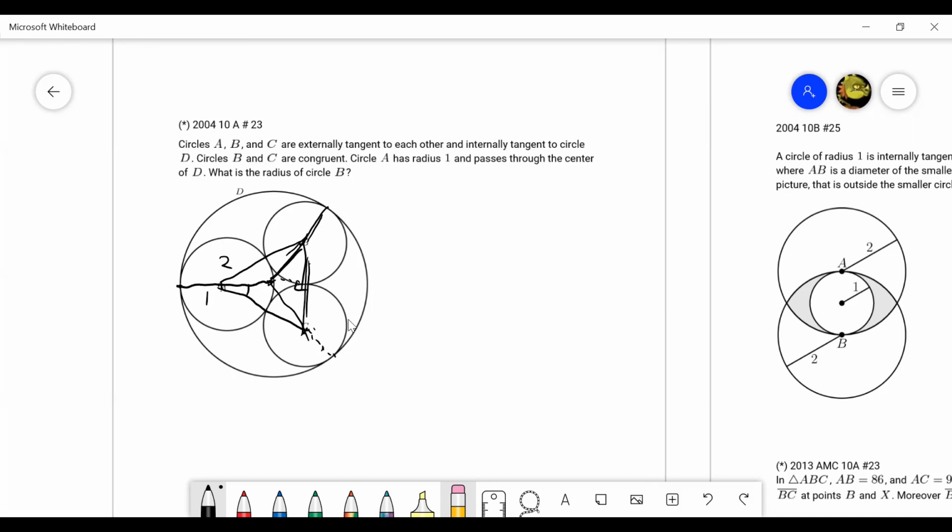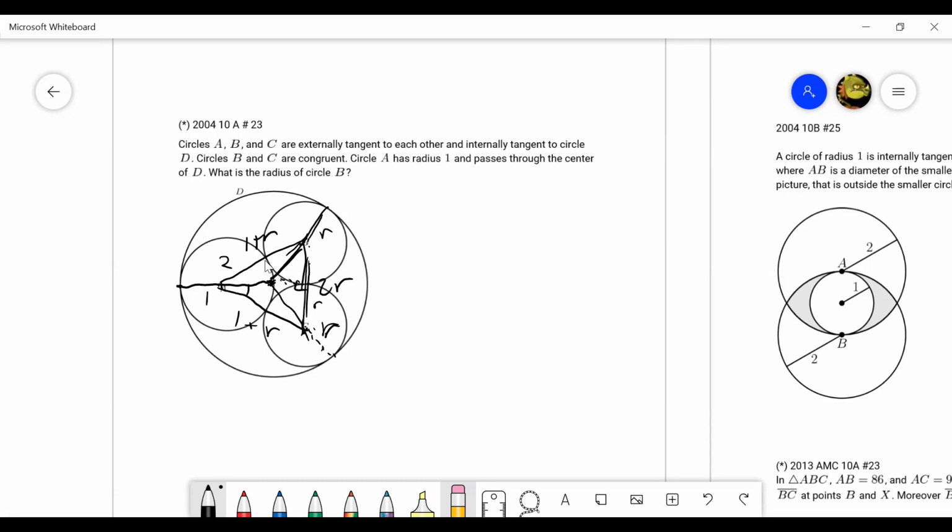If you let the length of this be r, the radius is r, which is unknown. We know that this side length of this triangle is 1 plus r, and same with this. And the side length is 2r, which means that if we drop the perpendicular from the center of the circle to the side length, it's just going to be r. And you can see that because it's just the radius of the circle.